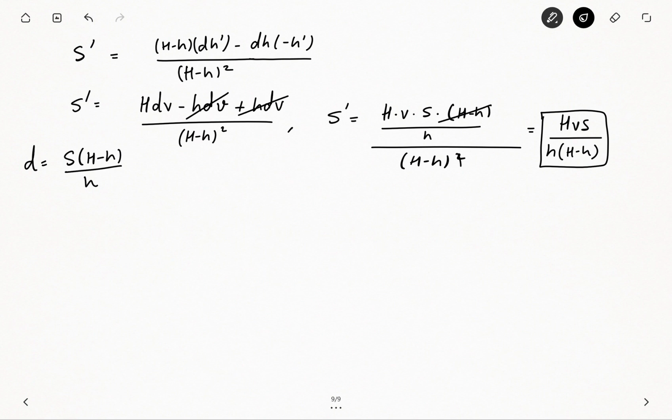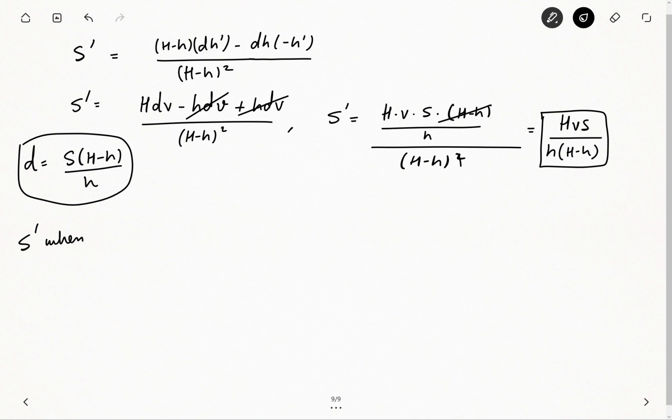Okay. The other part of the analysis is when they're asking us the speed of the shadow at the time when h and S are 0. So we're looking for S prime here when h and S are 0. In this case, if you plug in h equals 0 in this expression, it's not going to work because you have an h at the bottom.